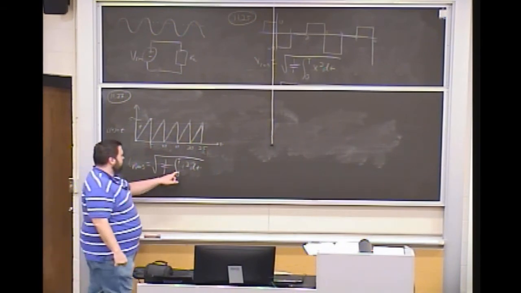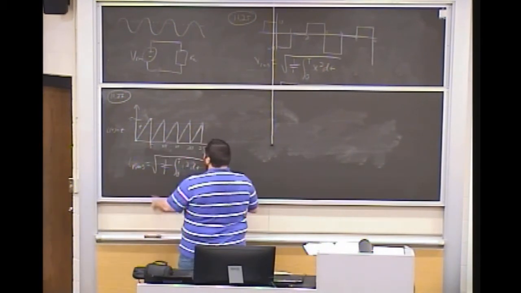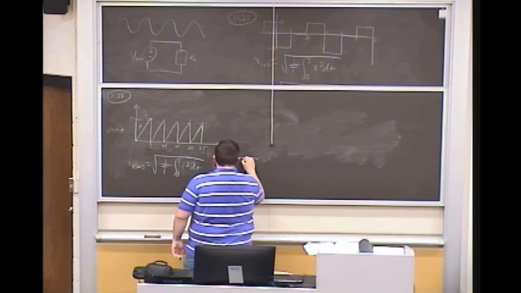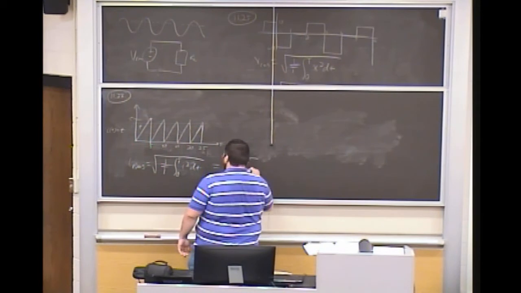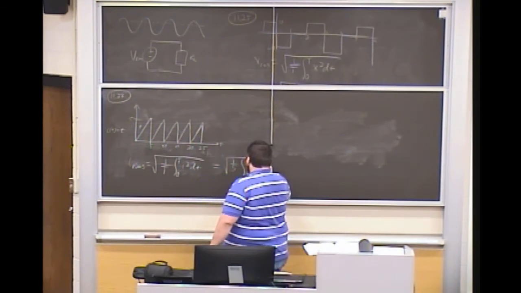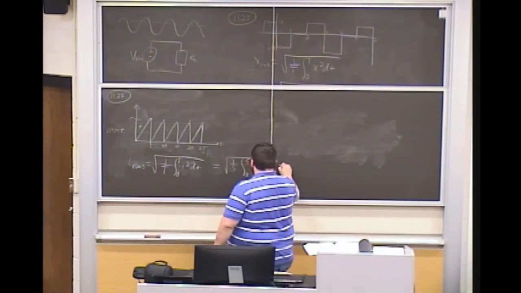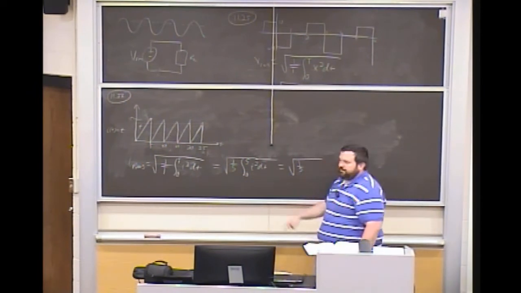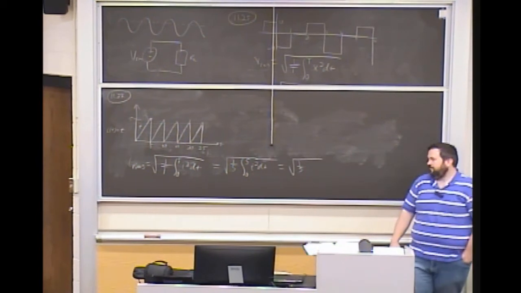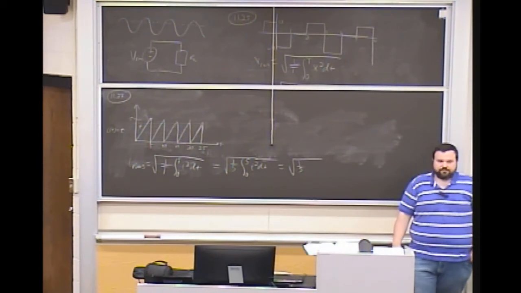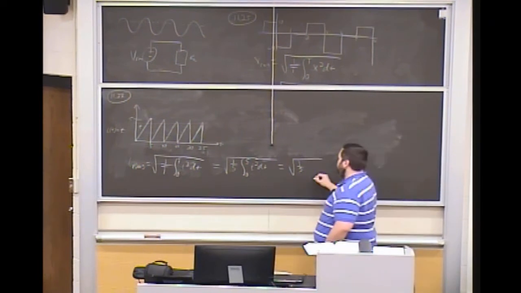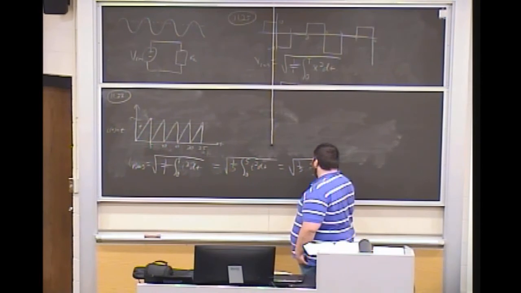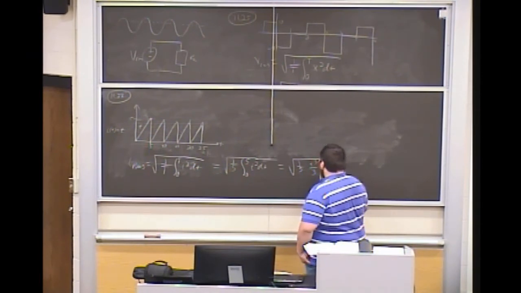So if we go in here, 1 period is 5, so this becomes 1 over 5 times the integral from 0 to 5 of t squared dt. So this is going to be the square root of 1/5 times, what is the integral of t squared? 1/3 t cubed, or t cubed over 3, evaluated between 0 and 5.